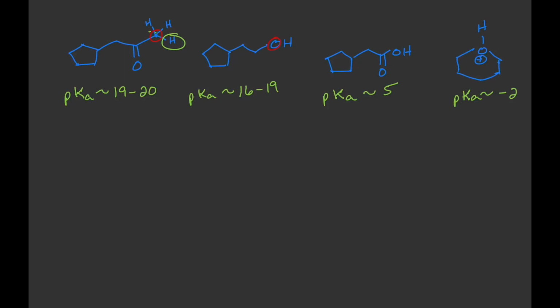And just to see what this would look like if we were to draw our deprotonated forms, we would have CH2 with a negative charge. We would have oxygen with a negative charge.